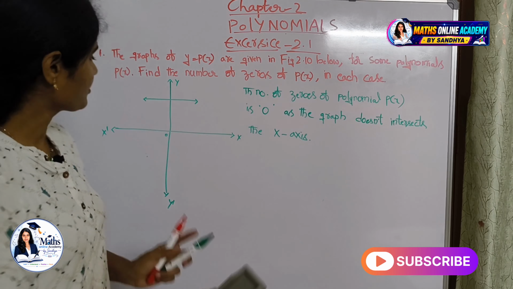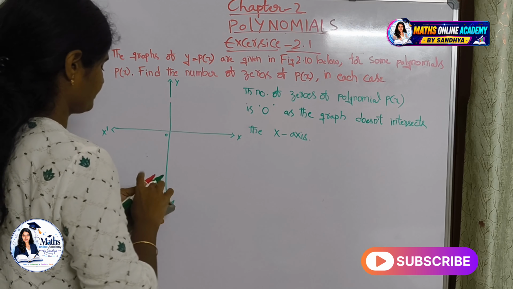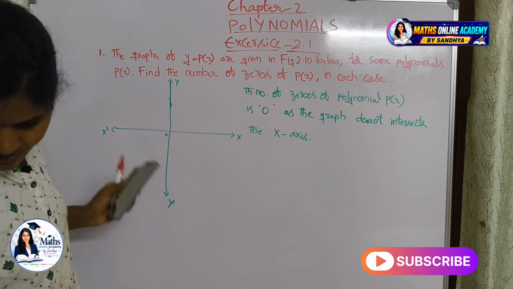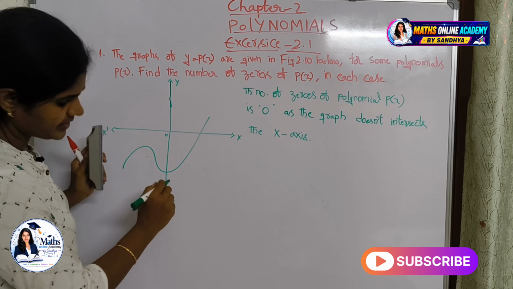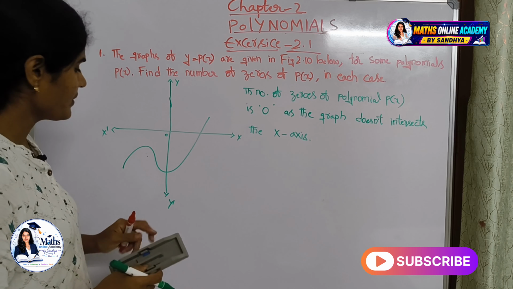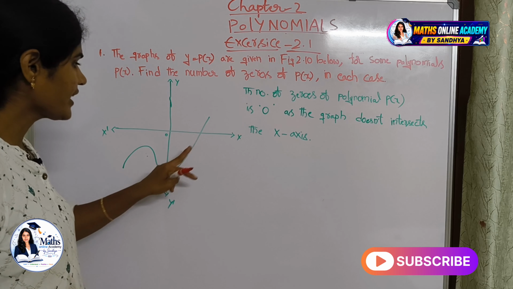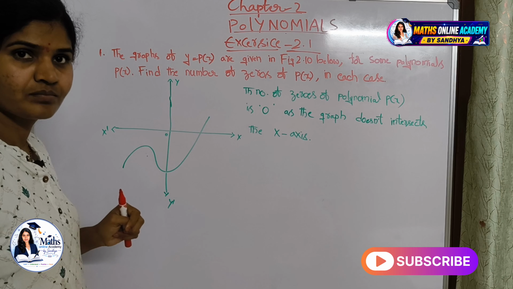Next graph. See the next graph. In this graph, how many times is it intersecting the x-axis?